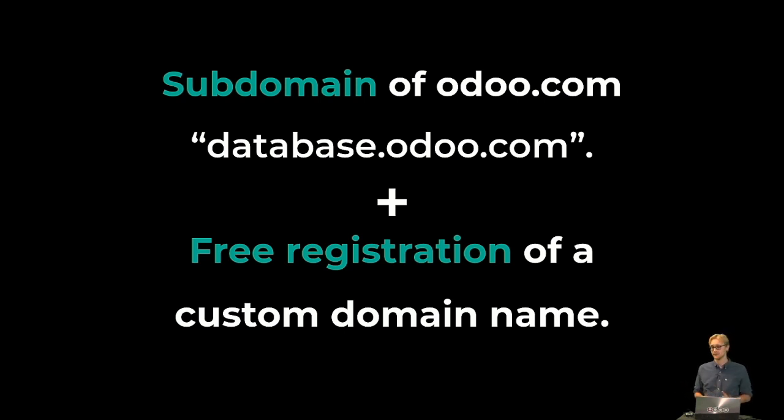From now on, we decided to offer a free registration of a custom domain name with every valid subscription. So if you have an Odoo website, you can register your own domain name on odoo.com. But you can also keep the generic subdomain that we offer with odoo.com. So you can choose between this subdomain or a custom domain name.